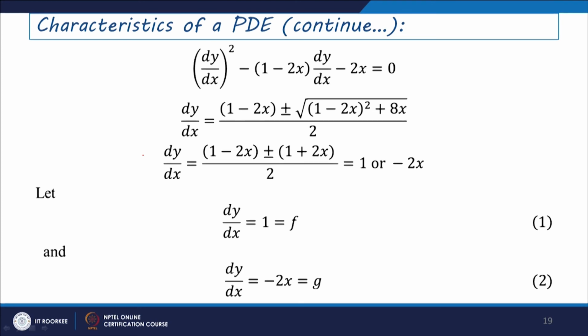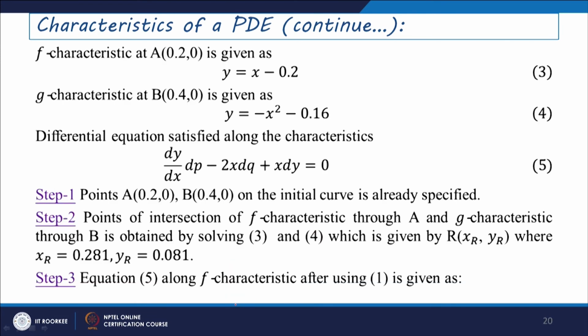If you find the roots, dy by dx equals 1 minus 2x plus or minus square root of 1 minus 2x whole square plus 8x, divided by 2, which gives the values 1 or minus 2x. Considering dy by dx equals 1 as F and dy by dx equals minus 2x as Z, the solution on the F characteristic at 0.2, 0 is y equals x minus 0.2.